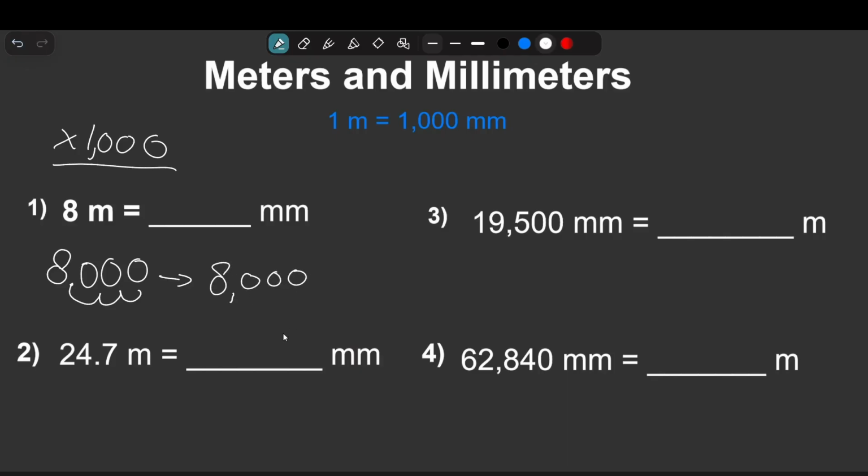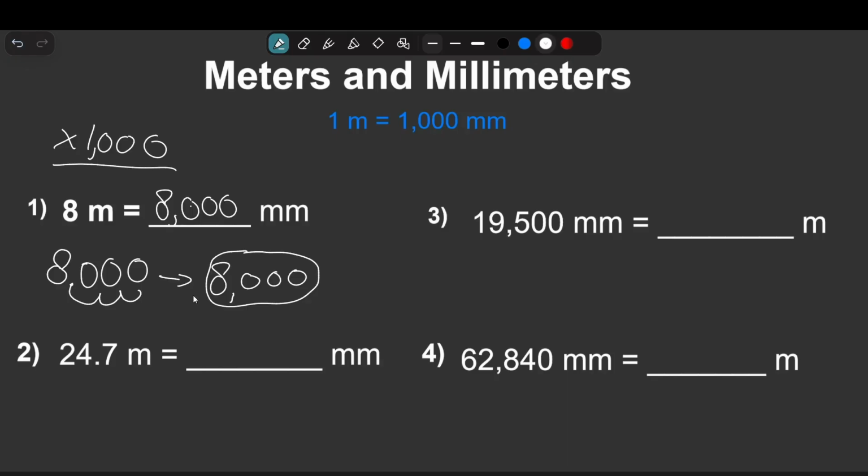So our final answer is 8,000 millimeters. This is very simple and easy if you just follow the couple of rules and don't forget the key fact that 1 meter is 1000 millimeters.